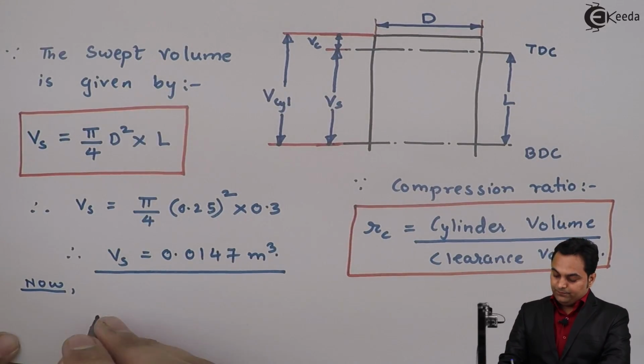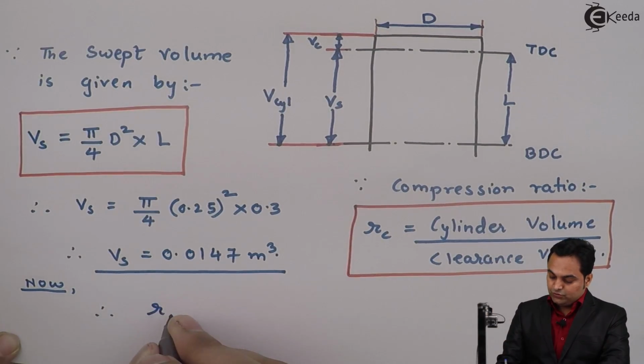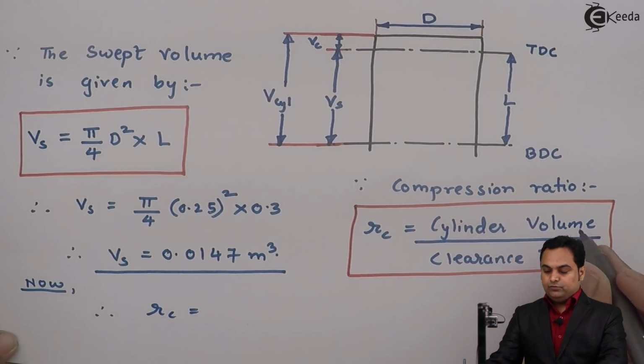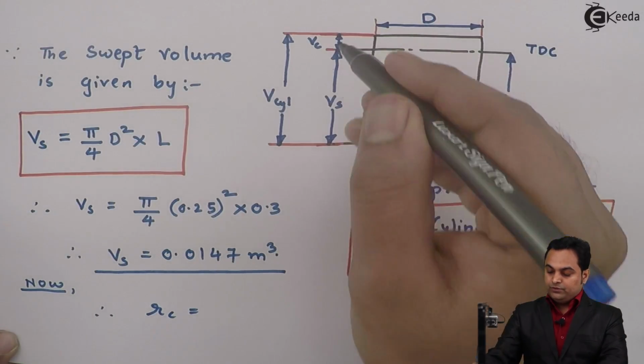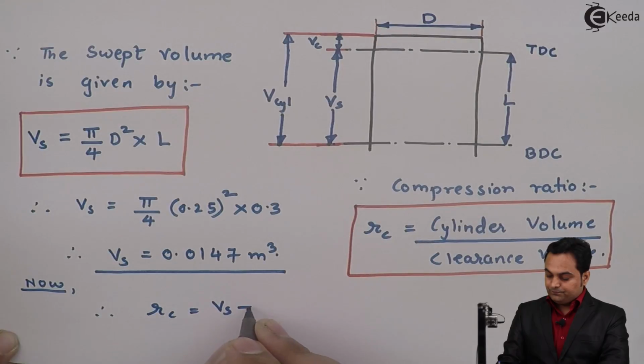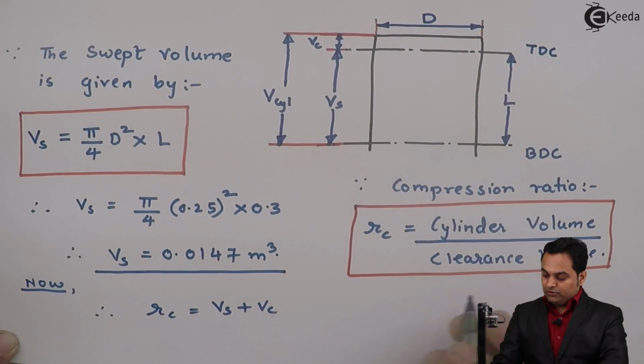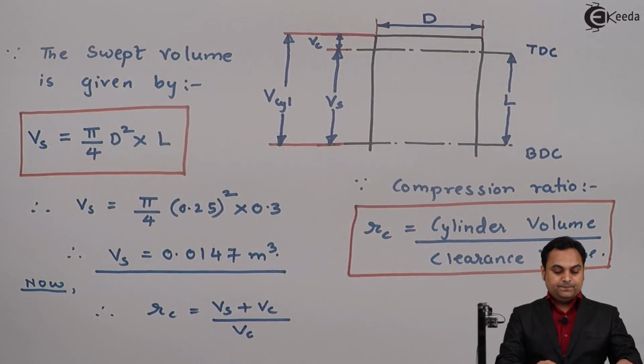Therefore compression ratio becomes cylinder volume, which as we can see is swept volume plus clearance volume, upon clearance volume, which is V suffix C.